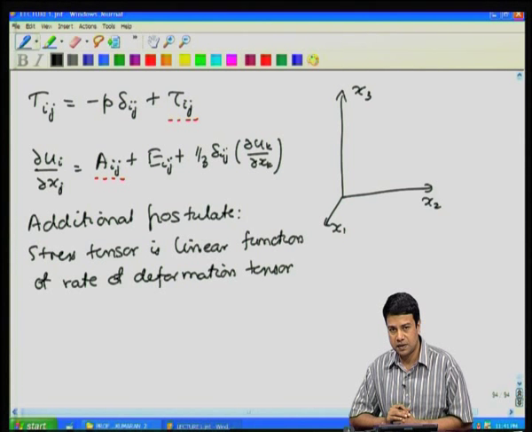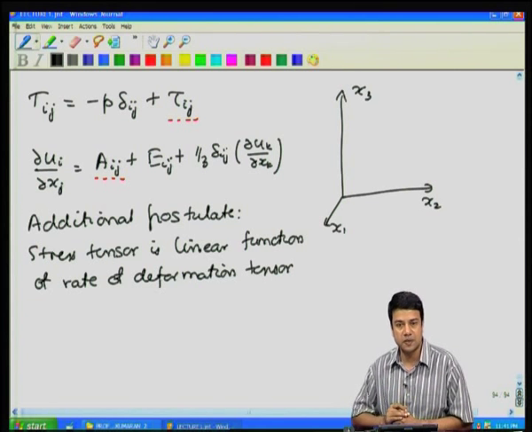Okay. Then tau ij cannot depend upon the antisymmetric part, it cannot depend upon the isotropic part, because the isotropic part is isotropic, whereas this tau ij has to be traceless.